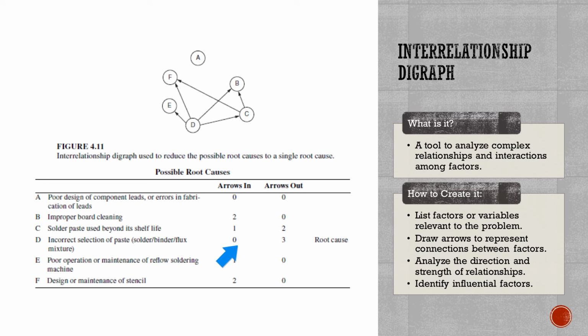But when you look into D, there is no arrow in, meaning that this is not the effect, but this is the reason why the problem happened, because arrows out means that D will affect point E, point B, and point C. So usually we count which variable or cause has the highest number of arrows out. For example, this point D here will become the root cause.